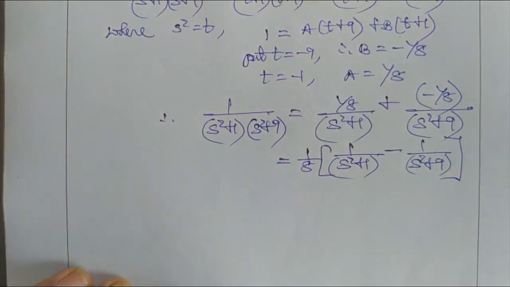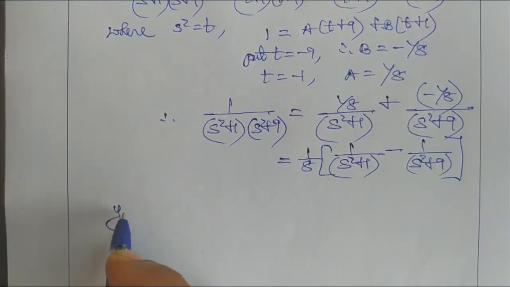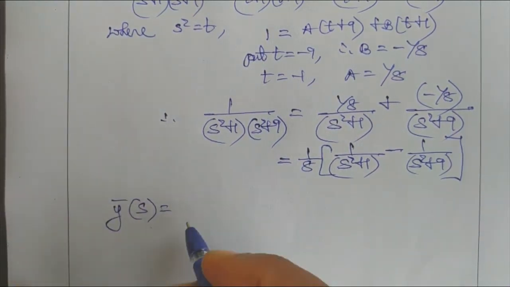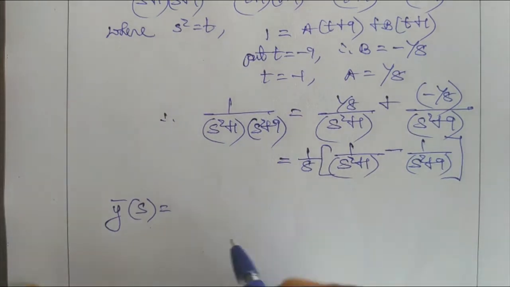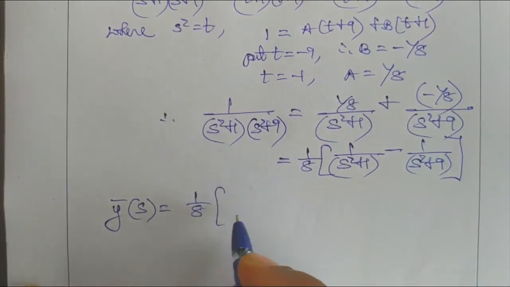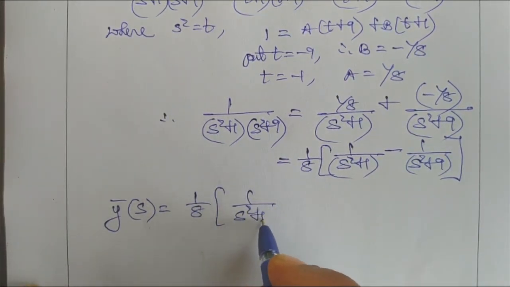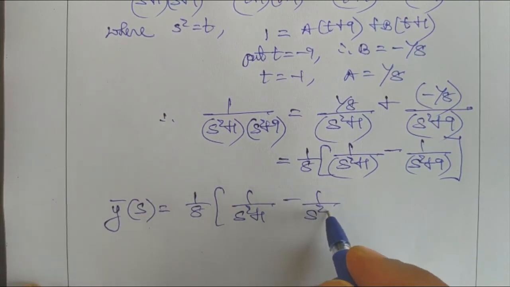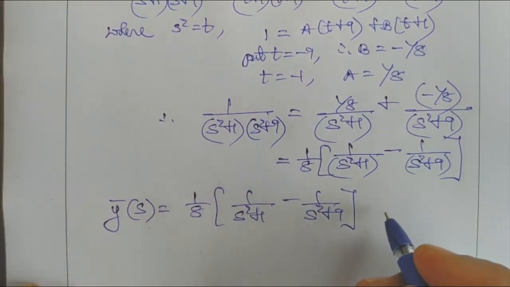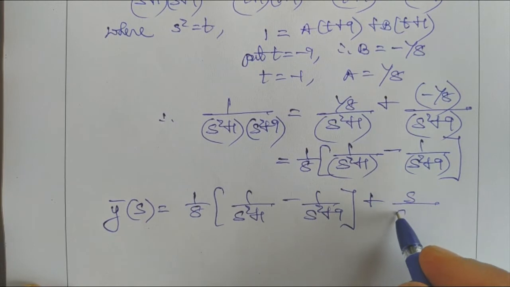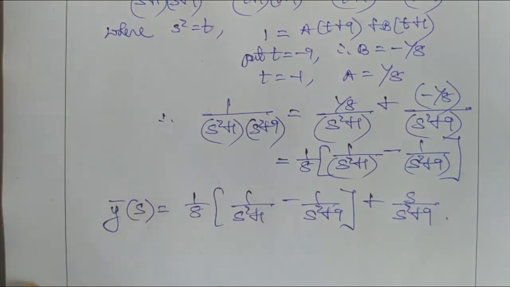Now substituting, we get y bar of s is equal to 1 by 8 into 1 divided by s square plus 1 minus 1 divided by s square plus 9, plus s divided by s square plus 9. This is Laplace of y of t.